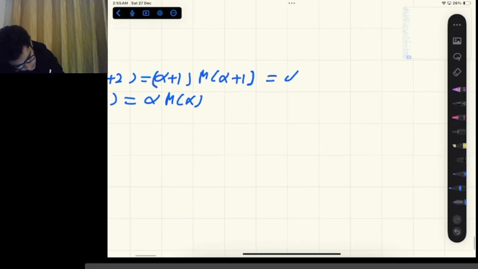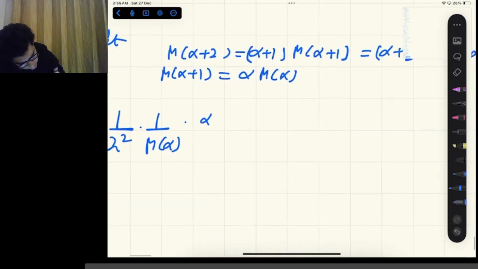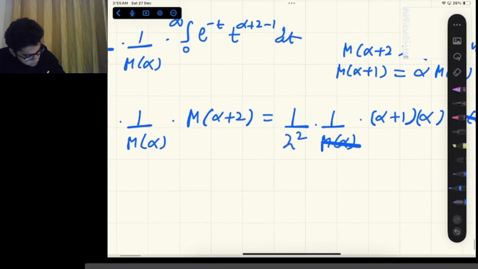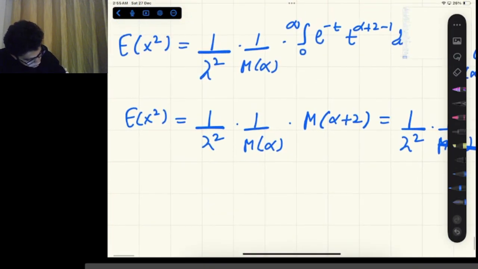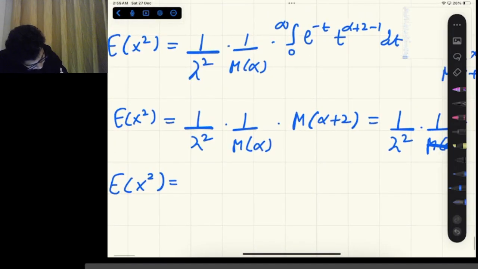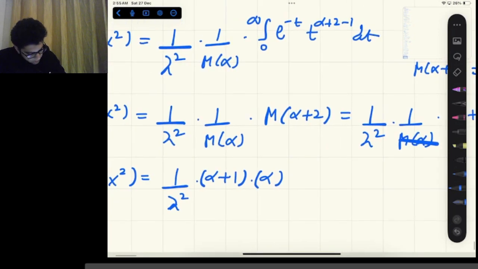So finally this gives me alpha plus 1 alpha gamma alpha. Now this and this get cancelled, so finally I'm left with alpha plus 1 alpha.